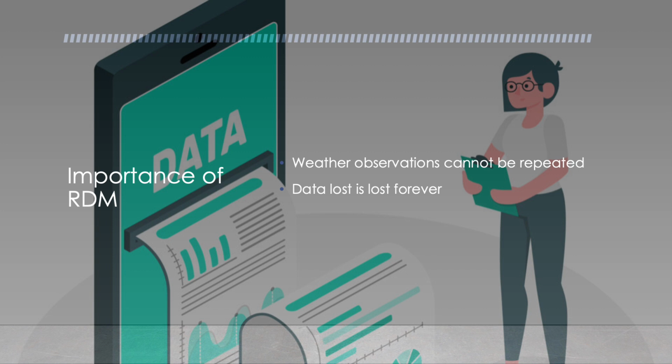If the data is lost, then it is lost forever. This is why research data management is important. The data can be managed within the life cycle and be preserved for future use.